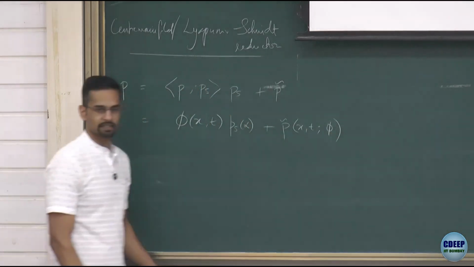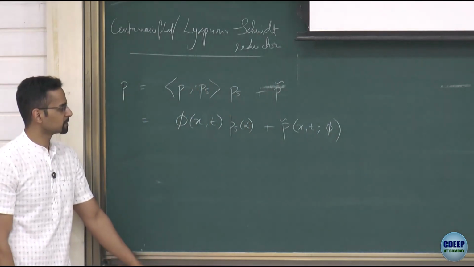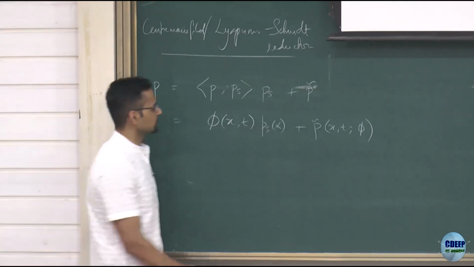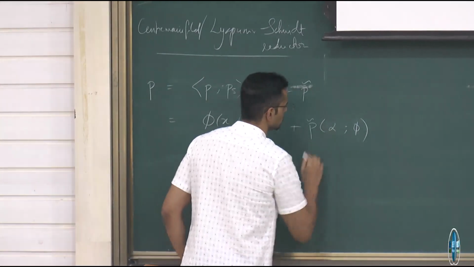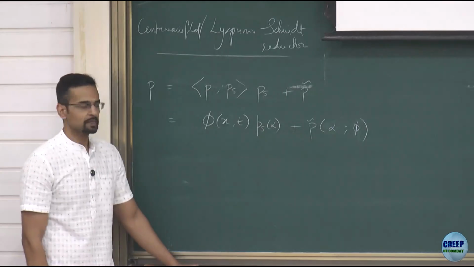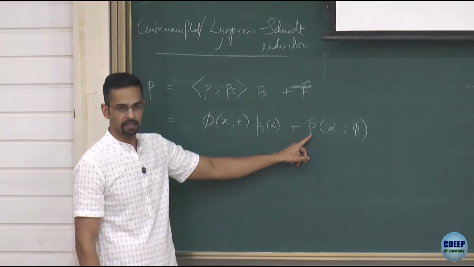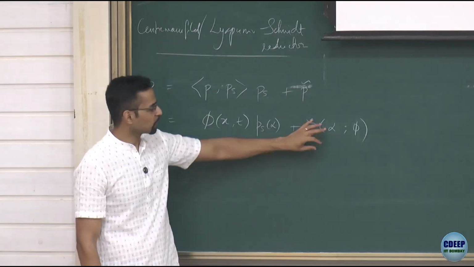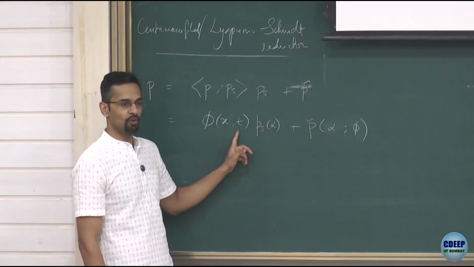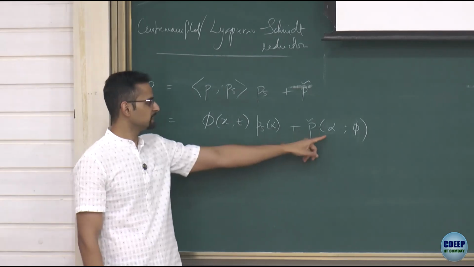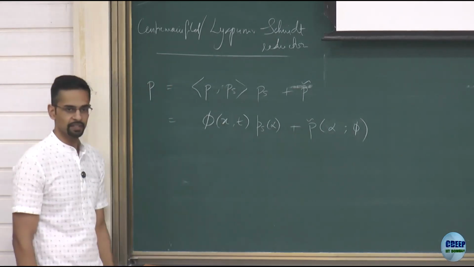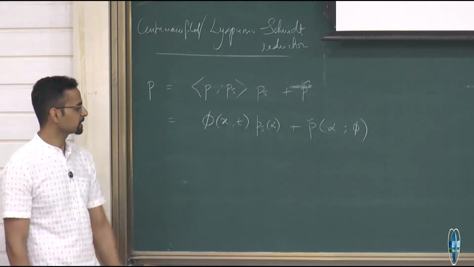That is the assumption underlying center manifold. So what I want to do is calculate the deviations in the alpha direction that are sitting in P tilde, but how those deviations evolve in the slow space and time direction is through being slave to phi. So phi is the coordinate along the center manifold.